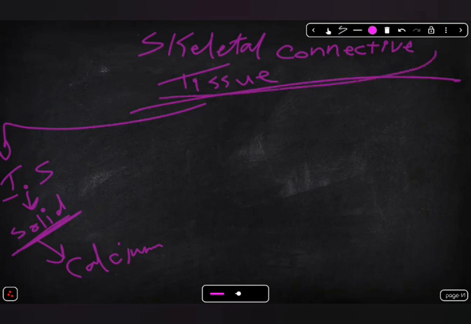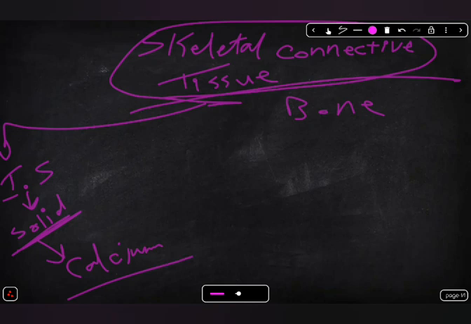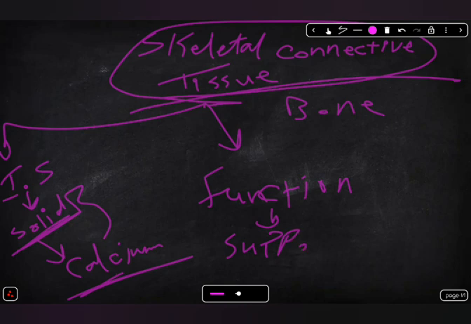When the skeletal connective tissue being in the bone, I can find calcium in the intercellular substance. Okay, number 2, the function: supporting the body, making the body erect and support.